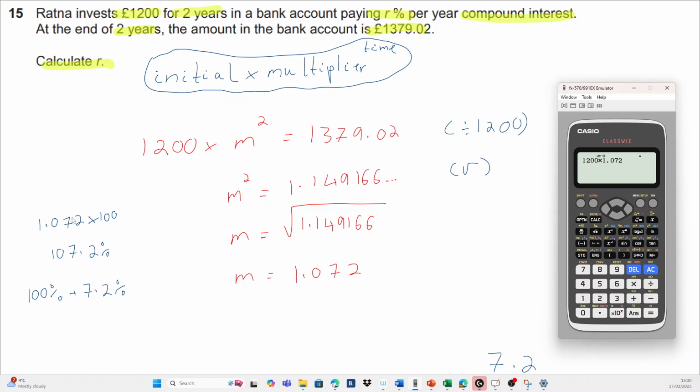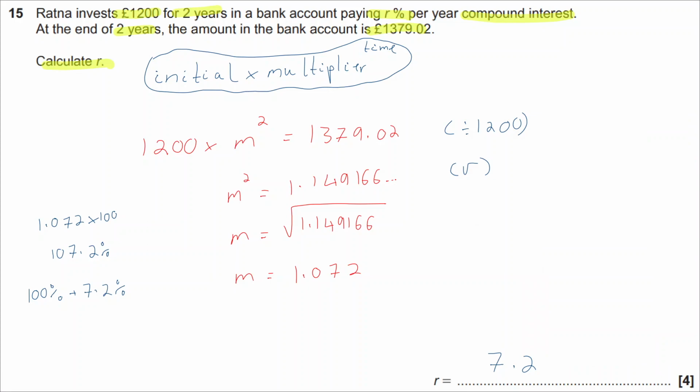This is a 7.2% rate of interest increase, because 100% and 7.2% gives you 107.2%, which as a decimal is 1.072. And then to the power of years, which is 2, that would give you, there you go, 1379.02 as required. So that should be good. Checking the mark scheme, we are correct. Excellent. 7.2% is good.